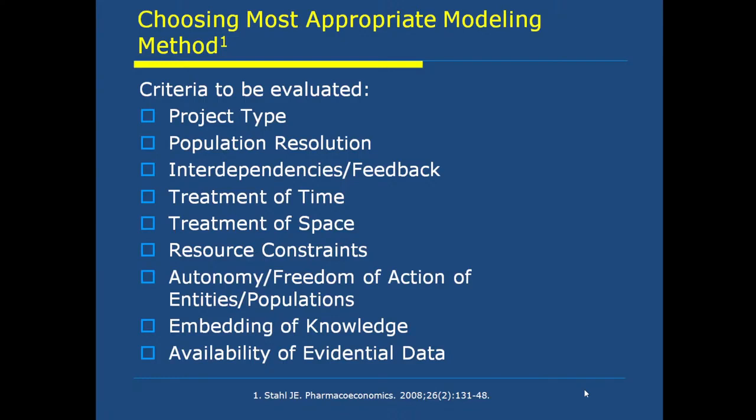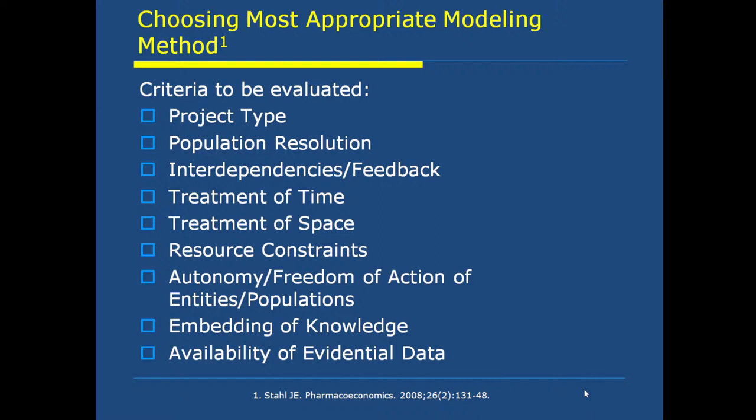To choose the most appropriate modeling method, we need to evaluate the next criteria shown on this slide. First of all, we need to understand the project type. Then we need to set the population resolution.